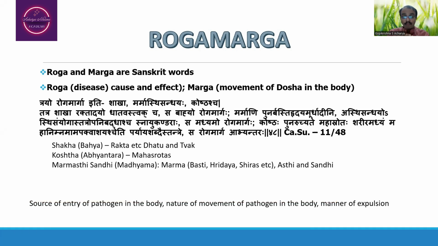Further, Marmani, that is Punaha Basti Hridaya Murdhadini, are the vital points or vital parts mentioned in the textbook. Asti Sandhayo means the bones as well as the joints between them, plus Snayu Kandaraha, the ligaments and tendons connecting these bones and joints.